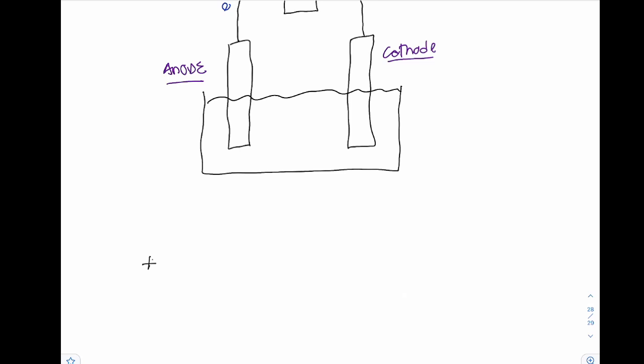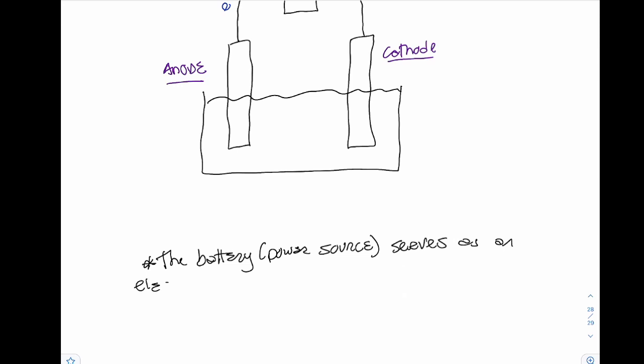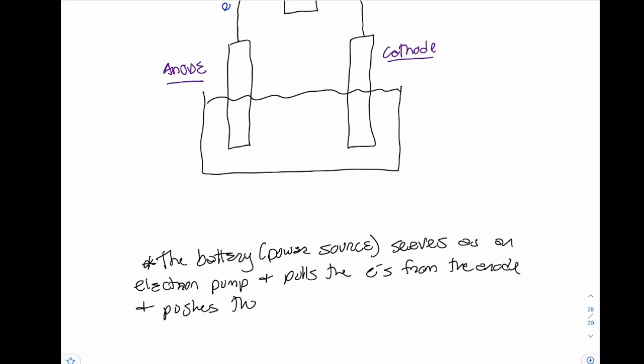But the battery, or again, any other direct current, so any sort of power source here, it's going to serve as an electron pump, and pulls the electrons from the anode and pushes them towards the cathode.